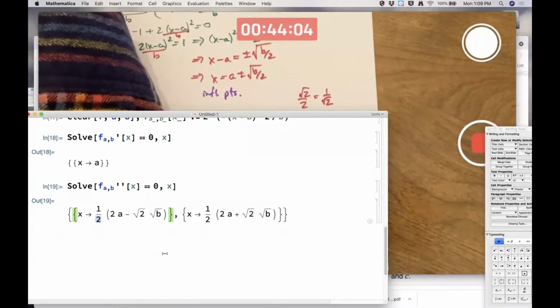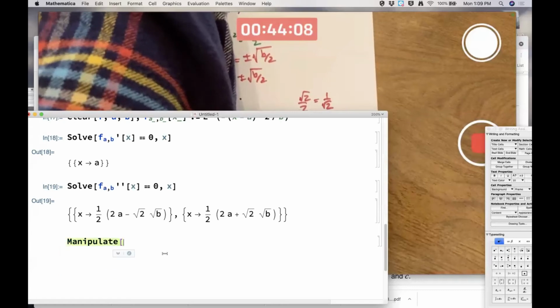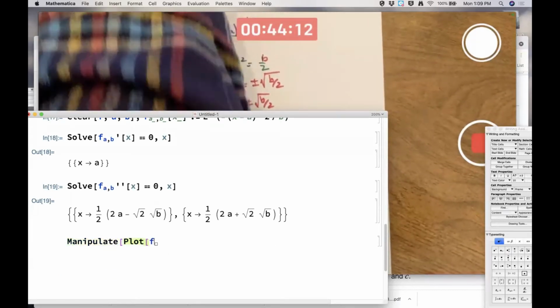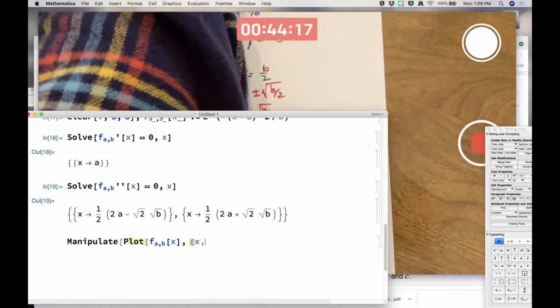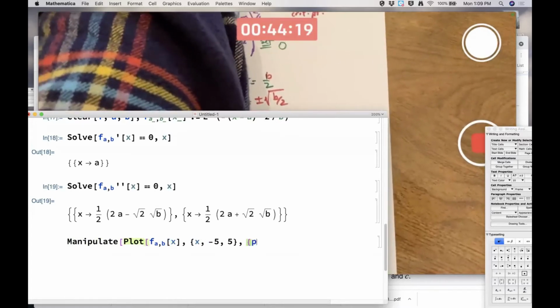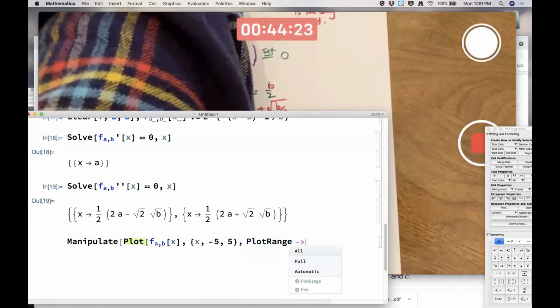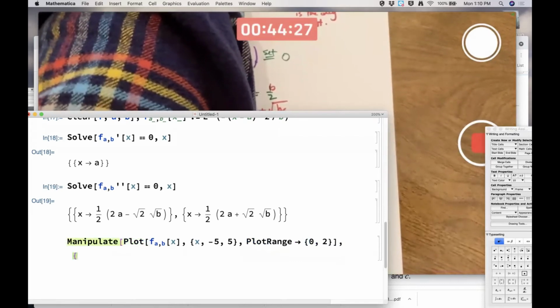And now if we make a Manipulate and plot this function, f sub a comma b of x, and let a and b change.